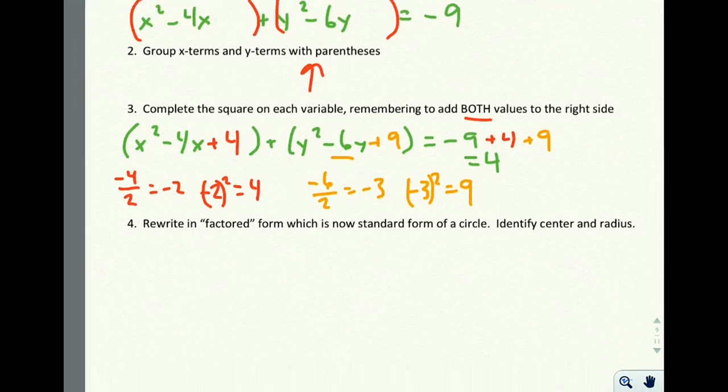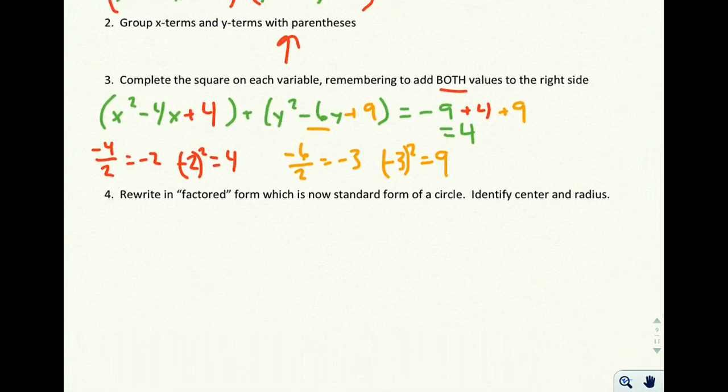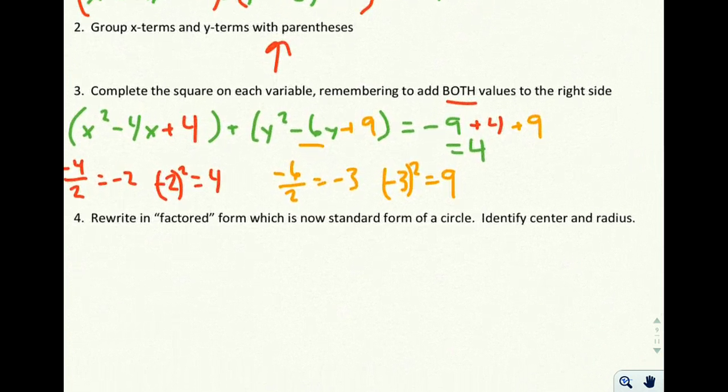We're going to rewrite this whole thing in factored form. And the factored form is going to look very much like our standard form of a circle. So to do that, we look at our x's first. We have x, and remember, it's always x plus the number we cut in half. So we took negative 4 divided by 2, and that equaled negative 2. So x plus negative 2, or just x minus 2 squared.